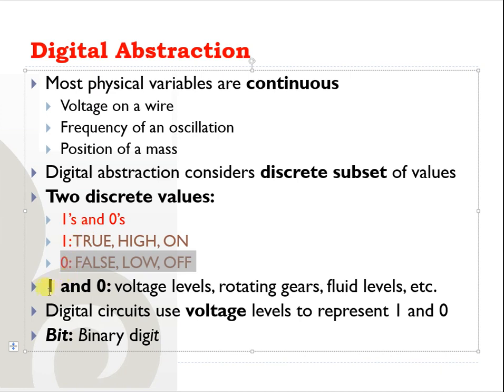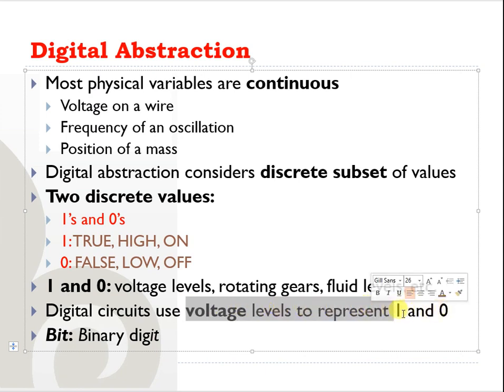The 1s and 0s could be voltage levels, rotating gears, fluid levels, and so on and so forth. They will indeed represent these kinds of signals to us. And the digital circuits that we have usually use voltage levels to represent 1 and 0.